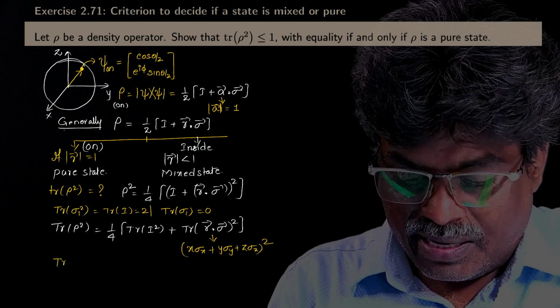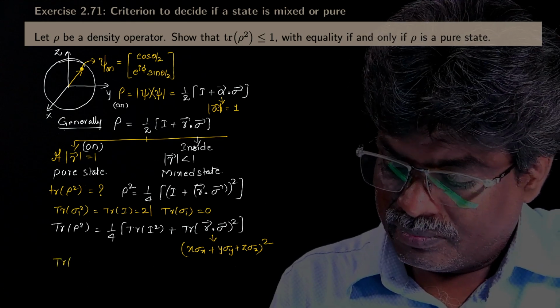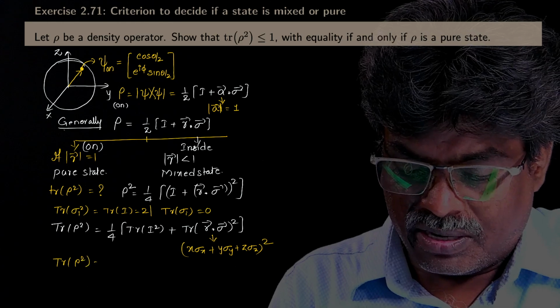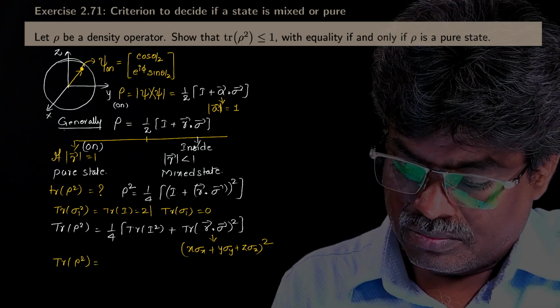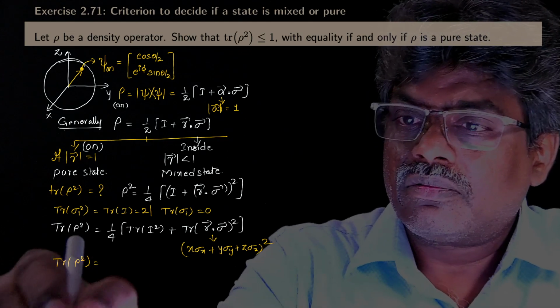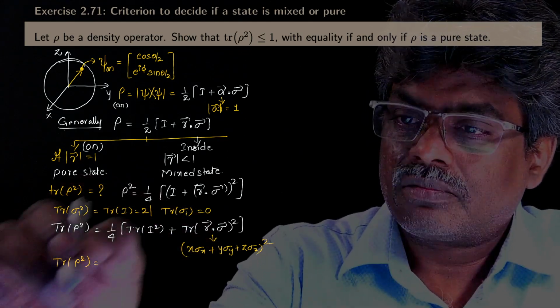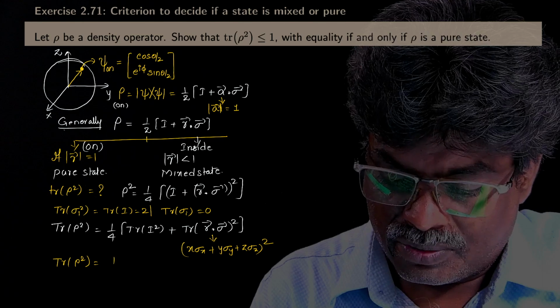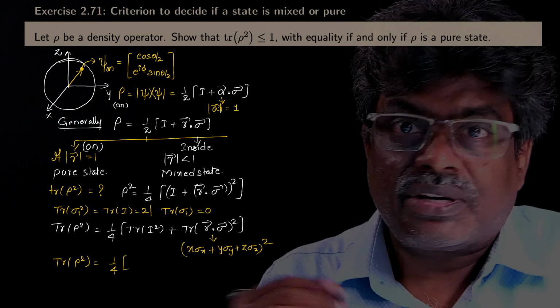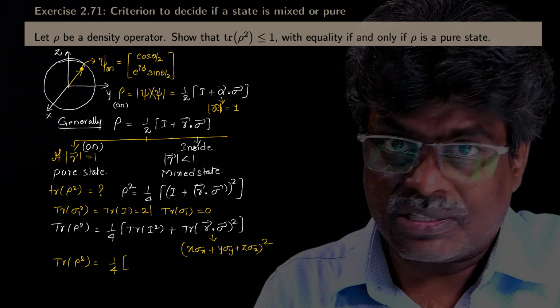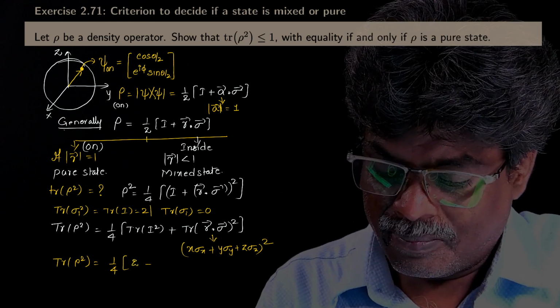So finally I can write the trace of rho square equal to 1 by 4 times trace of I square, that is nothing but the trace of identity, which is 2, plus.